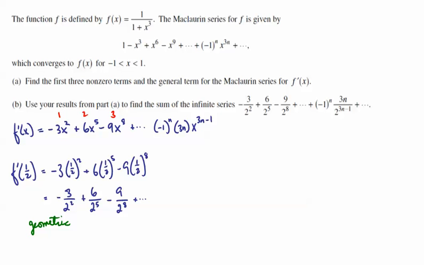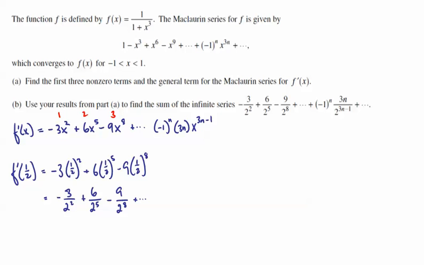Now, it's not geometric, because to get from 3 to 6 we need to multiply by 2, but to get from 6 to 9 it's not going to work. So this is not a geometric series, and so we can't go down that avenue.